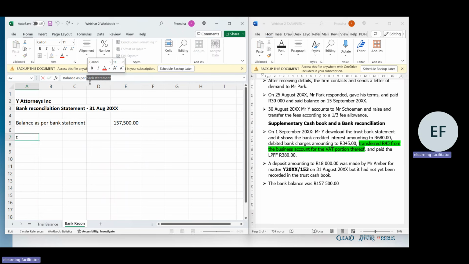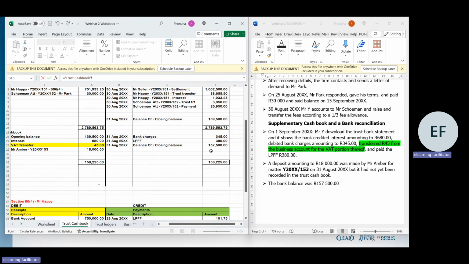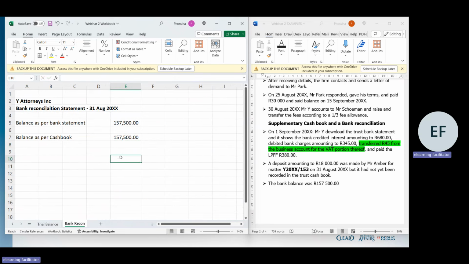So this is a perfect scenario. In reality, sometimes you find there are differences, and then you need to deal with the differences. So here is our closing balance, 157,500. So we are in agreement. Everything balances, this minus that.